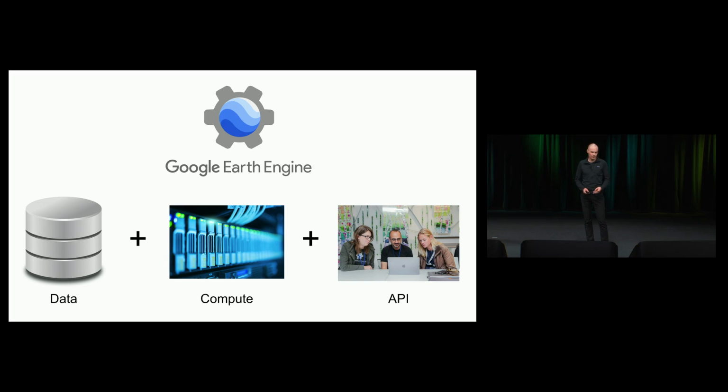And it's got three components: a data catalog that's co-located with Google-size compute power, and you can access these things with the API. And the data catalog, I think there's over 1,000 data sets now. Many of them are streaming, and by streaming I mean that these sensors are collecting imagery all the time, and we are getting them from the provider almost as fast as they are processing them, and we make them available.